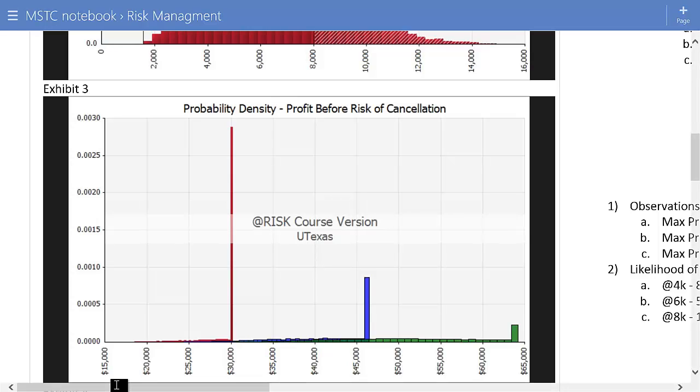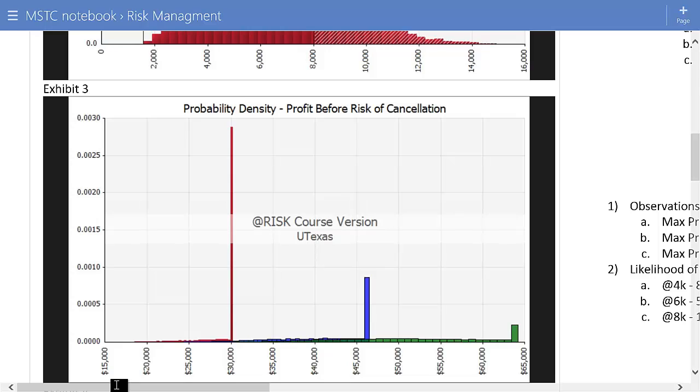On your x-axis, you have the amount of money, your profit, and on your y-axis, I actually don't know exactly what these are, but it's the probability of certain events happening. It's probability density.